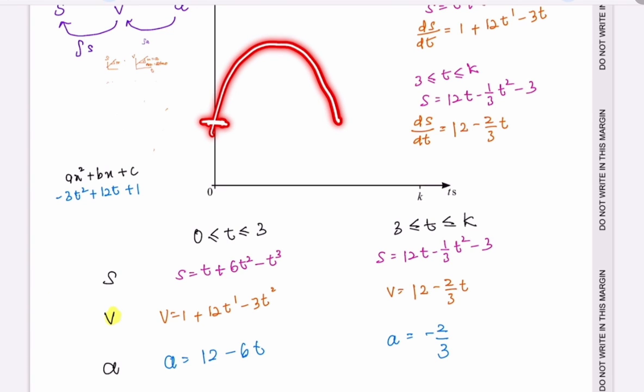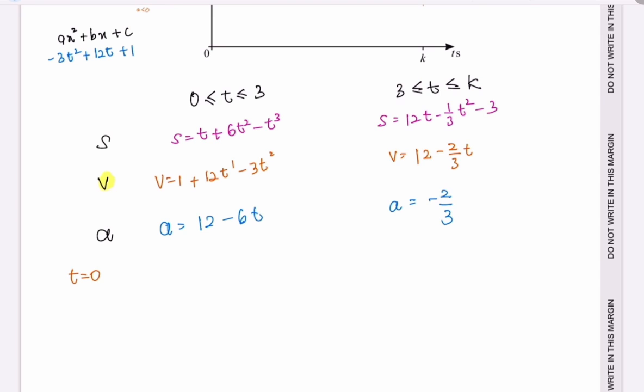At t equal to 0, let's find v. Substituting 0, v will be equal to 1. Since v is concave downward, this will be the maximum point, where the acceleration is equal to 0 because there's no gradient. Set a equal to 0 to find t: 12 minus 6t equals 0, so t is 12 divided by 6, which is 2.